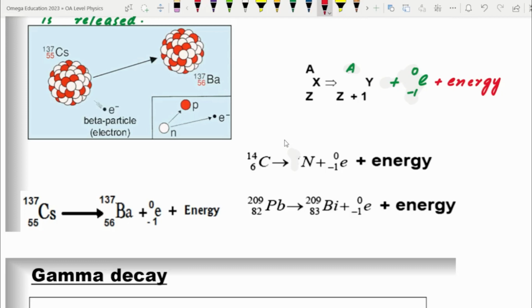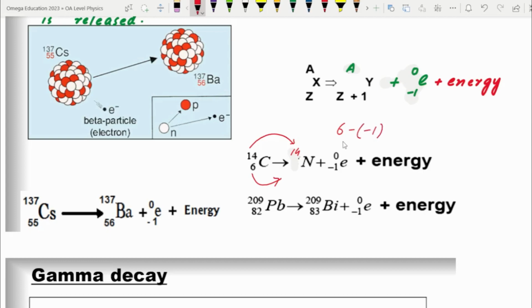They'll mention in the question what kind of radioactive decay takes place for carbon-14. So they'll mention it is beta decay. We have to fill up these spaces for the proton number and the mass number. The mass number would remain the same, 14 here and 14 over here. It does not change. But what about the atomic number? The atomic number would be written like this: 6 minus -1.